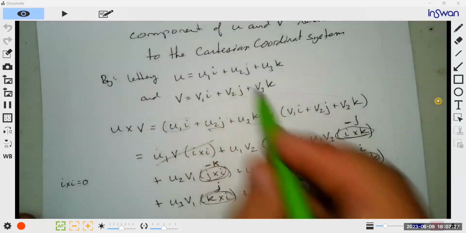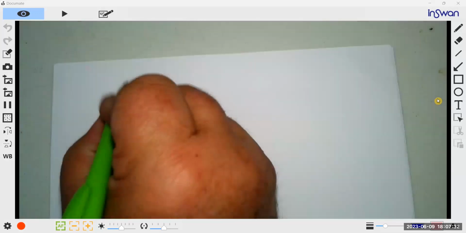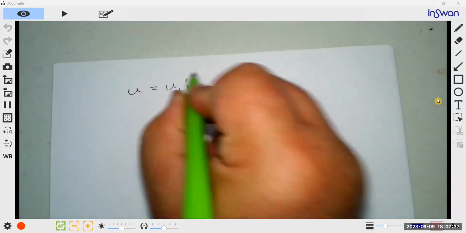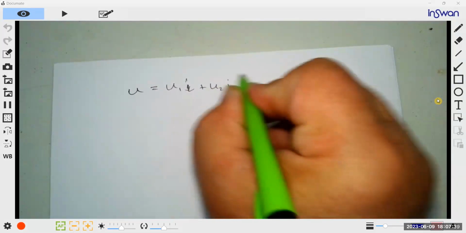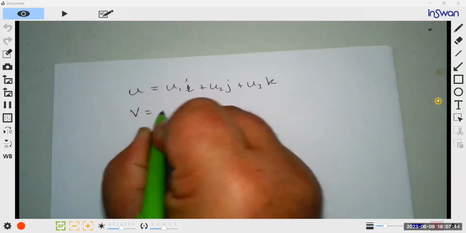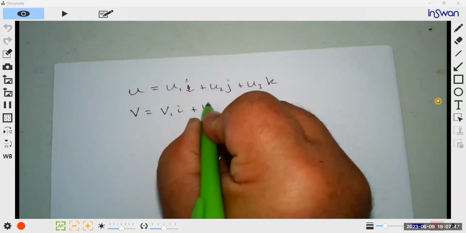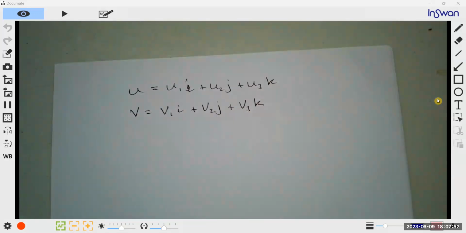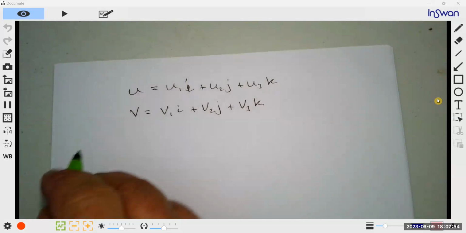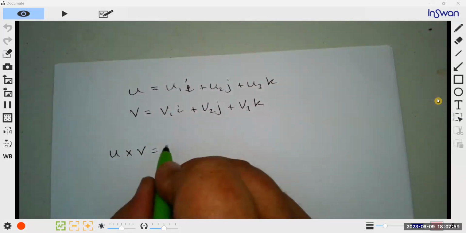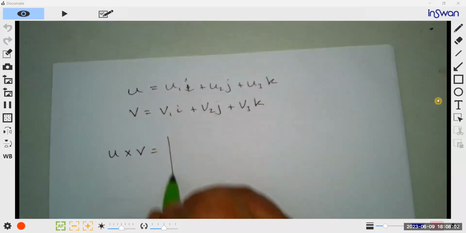We'll use the same information here. And you say that U is made up of U1 I, U2 J, U3 K. V is V1 I, V2 J, V3 K. So when we do the cross product, we have to take this information and put it into a 3 by 3 matrix.